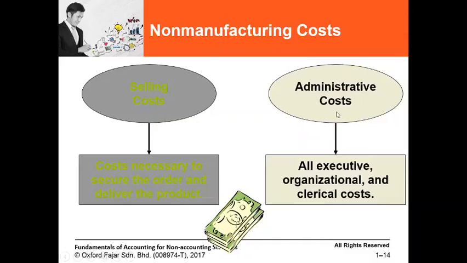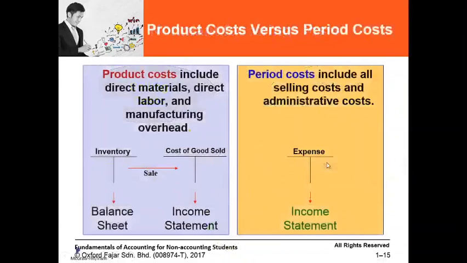And then administrative costs are all executive, organizational, and clerical costs, such as the HR admin clerk who will manage all employees in the organization, and also the finance clerk and accountants who will be doing the accounting records and so on.